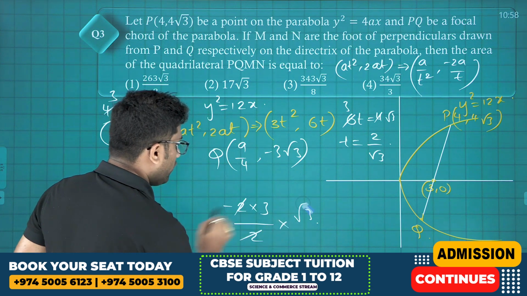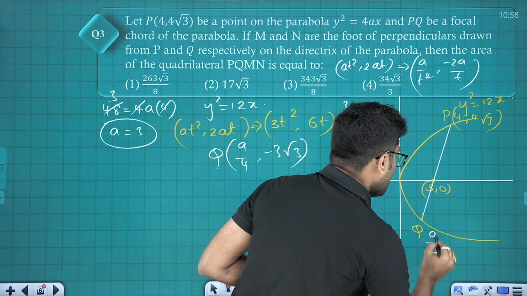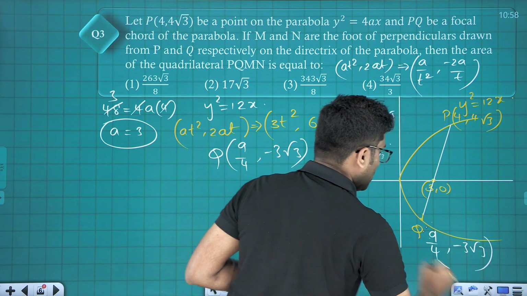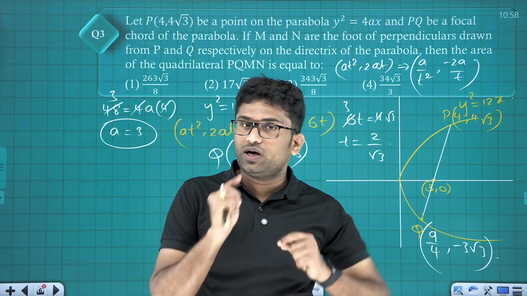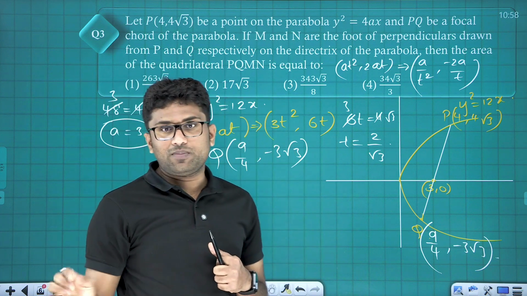So the other end of the focal chord is 9 by 4 comma minus 3 root 3. I hope you understood, friends. If at square comma 2at is one end of the focal chord, then the other end is a by t square comma minus 2a by t.